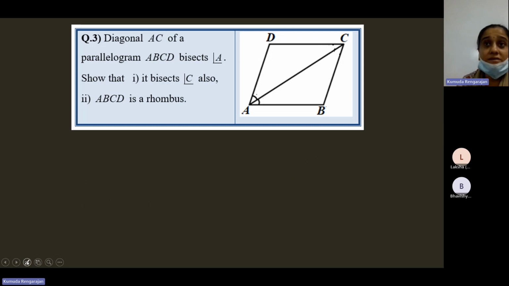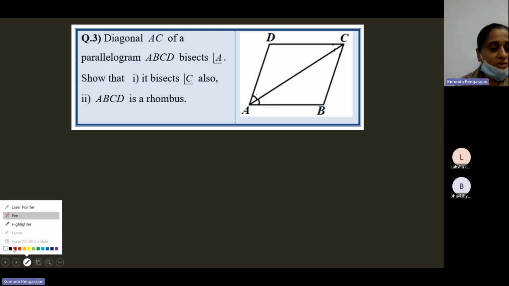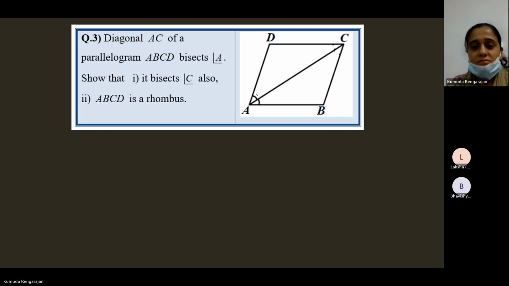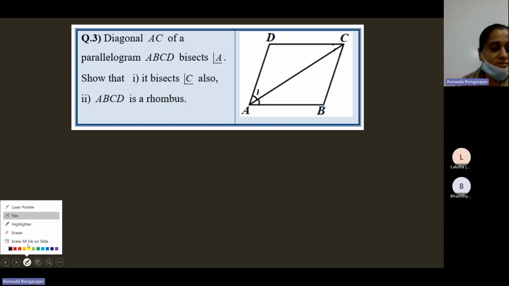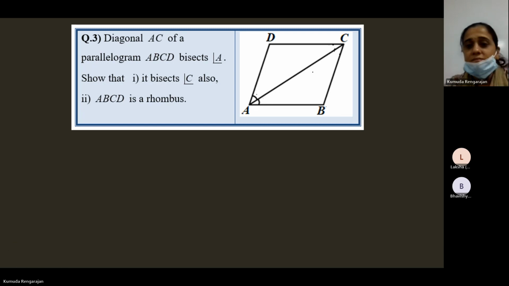So tell me quickly again, from the first one. Let me change the numbers. What is given? Which angle is equal to which angle is given?